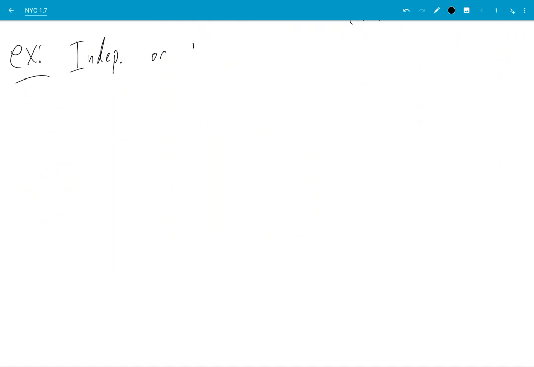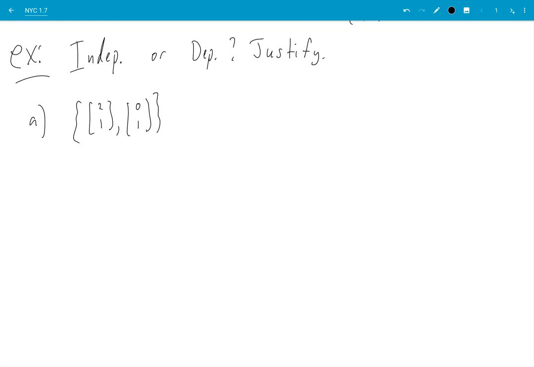Independent or dependent? And then we'll say we want to justify our answers. So I'll give you a set. A: (2, 1, 0, 1). B: (1, -2, -2, 4).